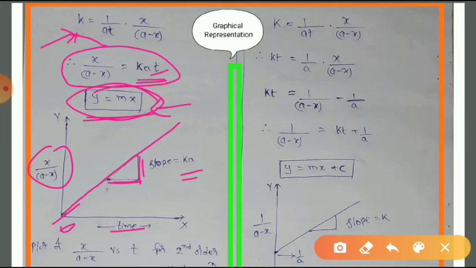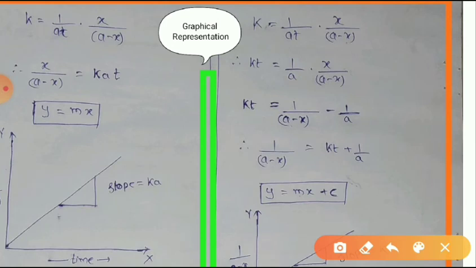Now let's see another graphical representation of a second order reaction. Again we have to consider the second order integrated rate equation, k equal to 1 upon t a into x upon a minus x. Now we modify this equation, so we will get k t equal to 1 upon a into x upon a minus x.